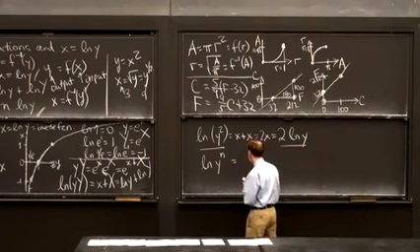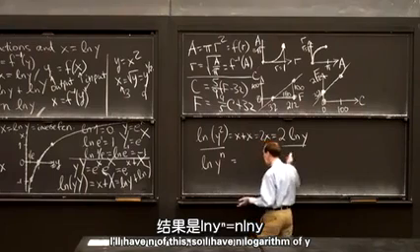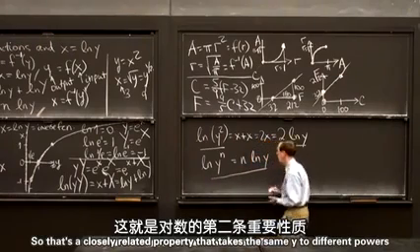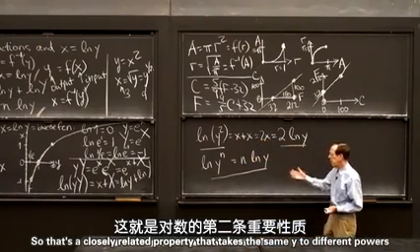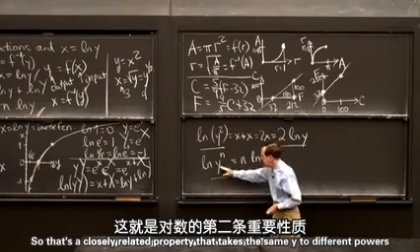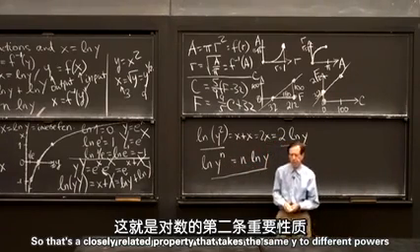I'll have n logarithms of y. So that's a closely related property that takes the same y to different powers.